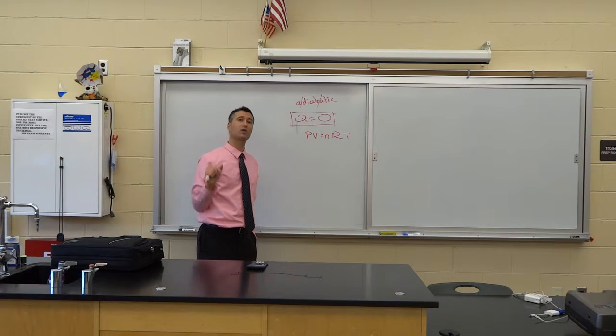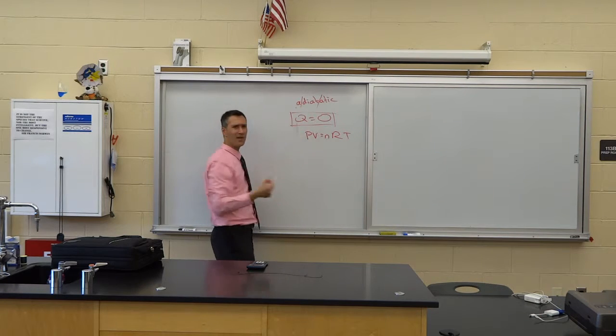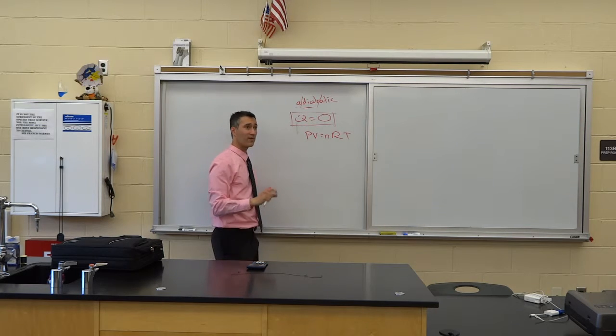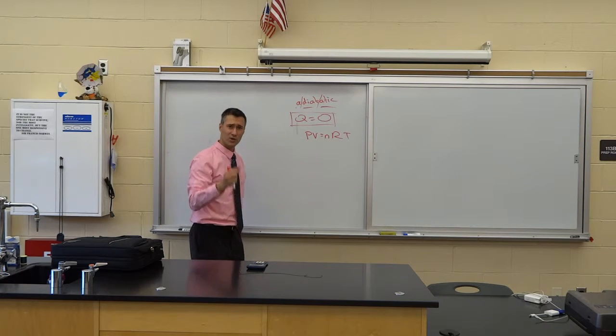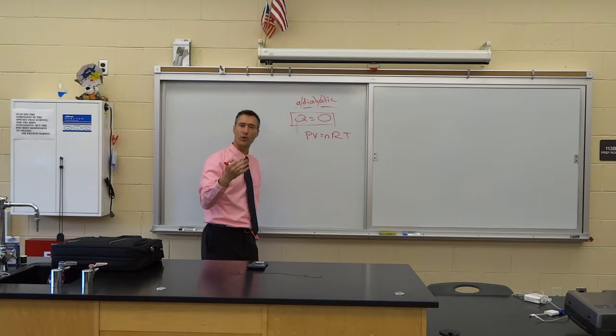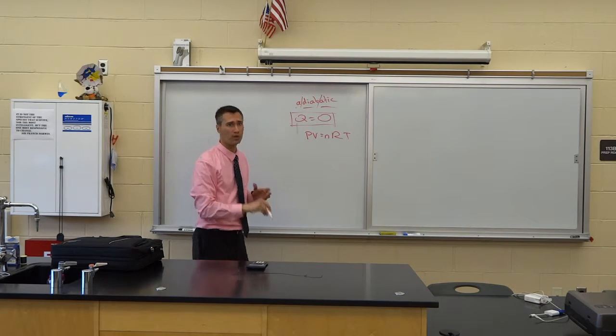Okay, that is the definition of adiabatic. I think it comes from the A is Greek for no, that is Greek for through, and that is Greek for pass, or vice versa. So it kind of literally means no pass through, so no heat can pass through the container, right? So no thermal energy exchange whatsoever.